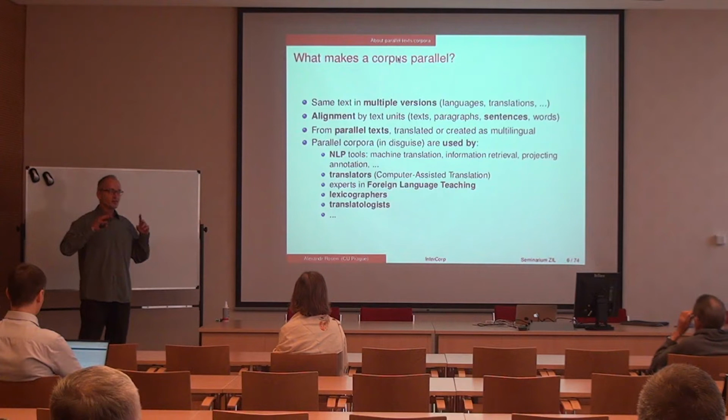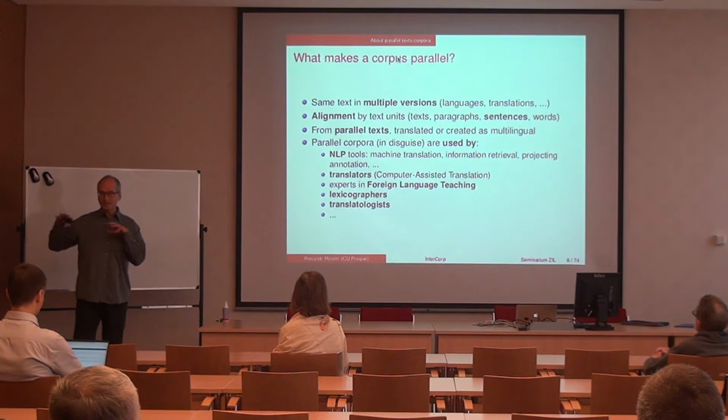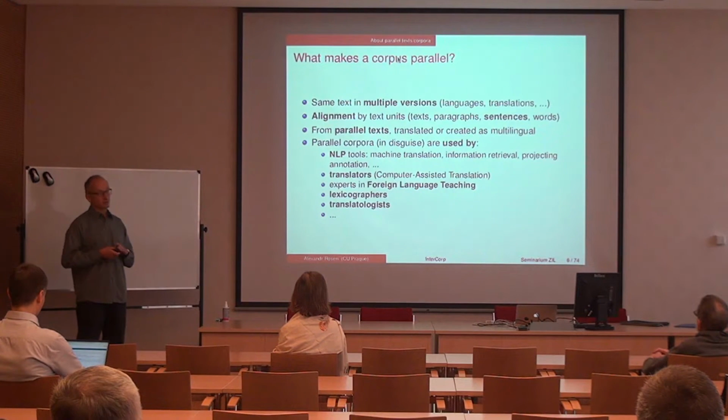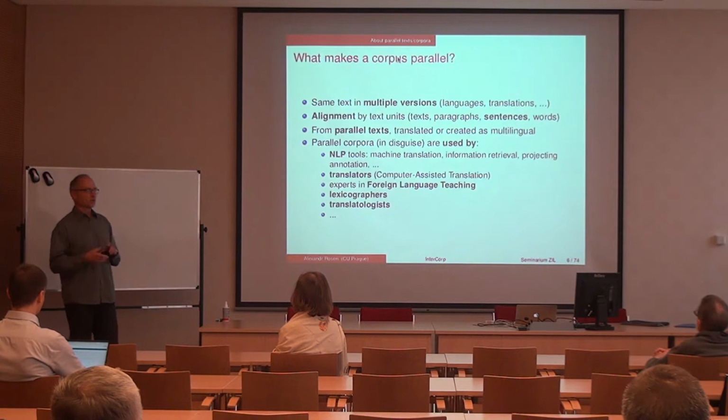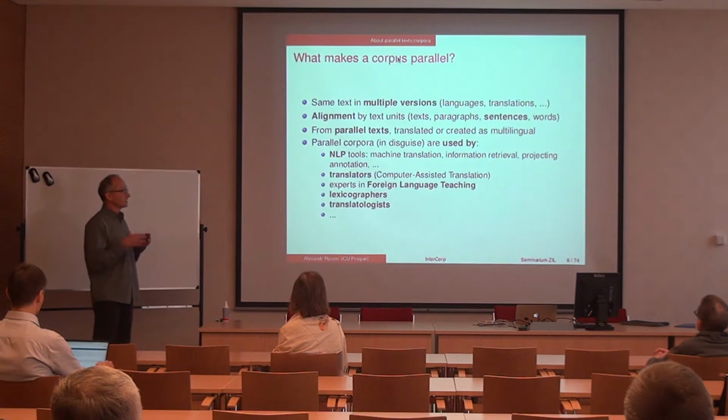Usually we want these texts to be aligned at some text unit level. It's sentences most of the time, but it can also be words, sentences and words at the same time, and of course paragraphs. But paragraphs are usually the largest text unit that is aligned.